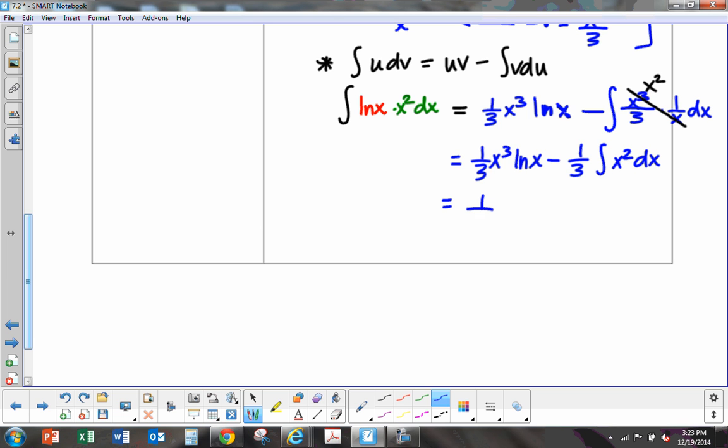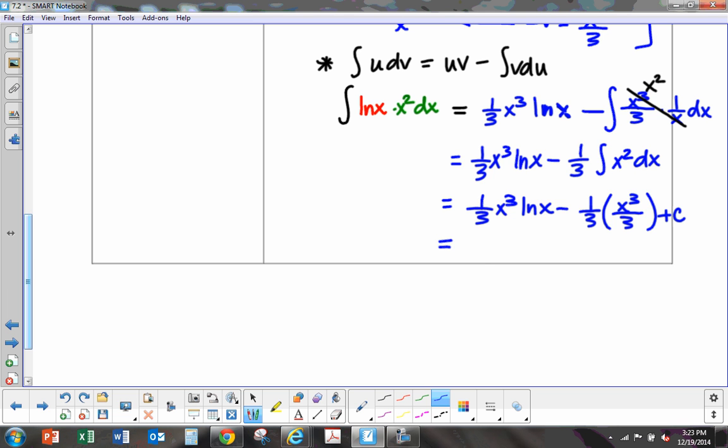And then once I actually integrate for that last step, that's where we put in our plus c. So I get 1/3 x to the third ln of x minus 1/3 x to the third over 3 plus c. And I just need to clean up my final answer. It's up to you how you want to do this.